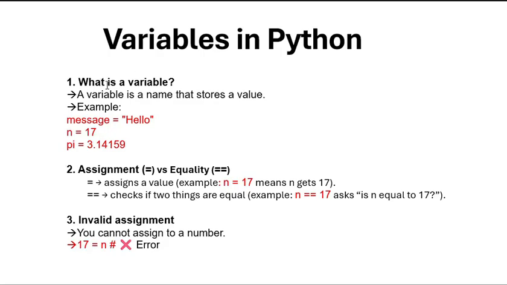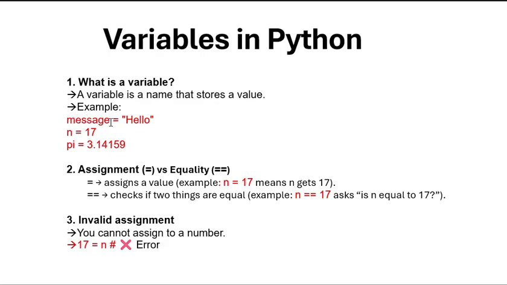Let us start from the variables in Python. Here, what is a variable? A variable is a name that stores a value. For example, this is a variable. It stores hello. This is a value, right? This value is stored by that variable name.